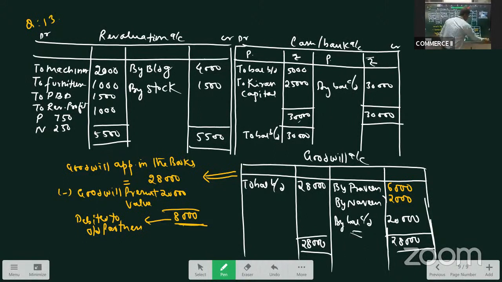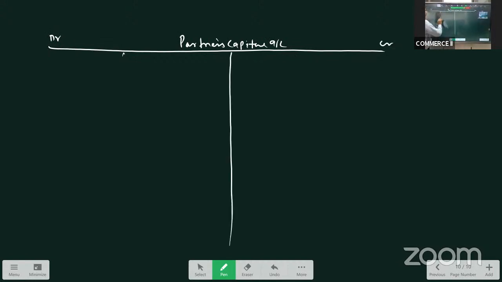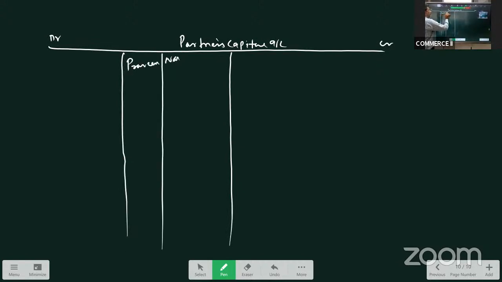Okay. Before that, we have to prepare the partners' capital account. So we are preparing the partners' capital account. Praveen, Naveen, and Kiran.